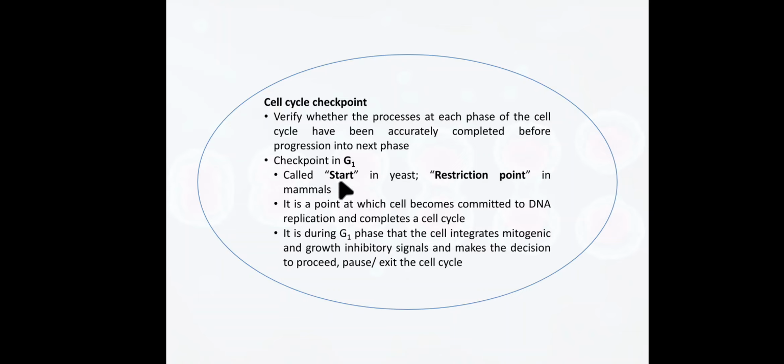Checkpoints in G1 phase are called start in yeast and restriction point in mammals. It is a point at which the cell becomes committed to DNA replication and completes a cell cycle. It is during G1 phase that the cell integrates mitogenic and growth inhibitory signals and makes the decision to proceed, pause, or exit the cell cycle.